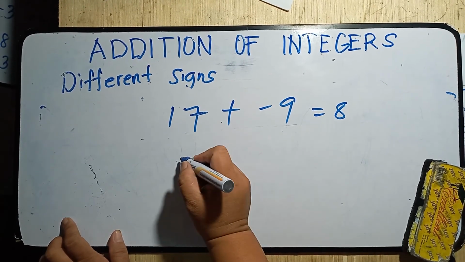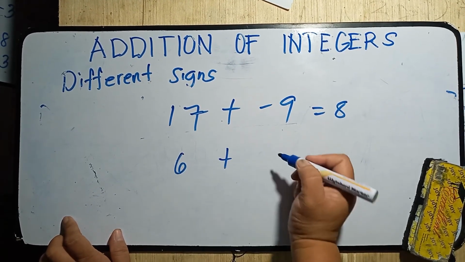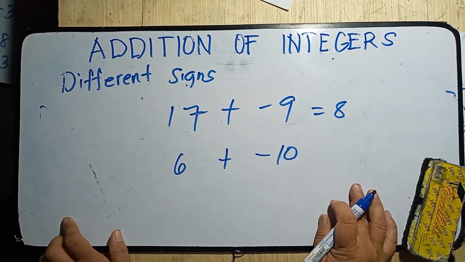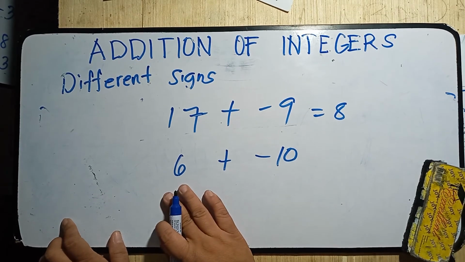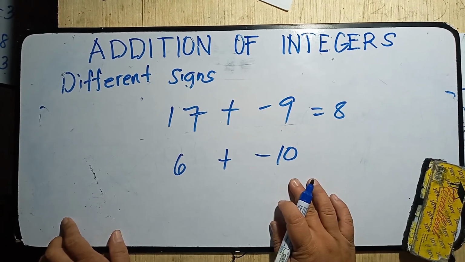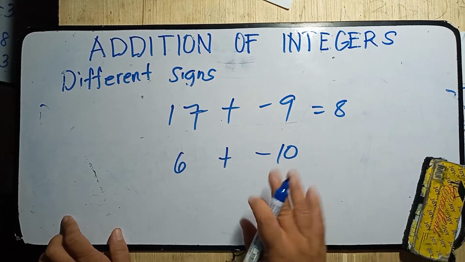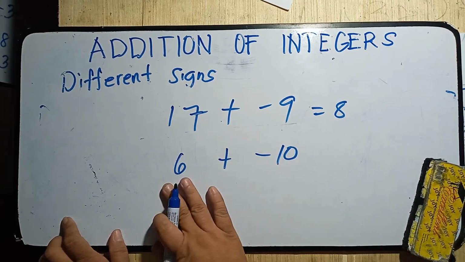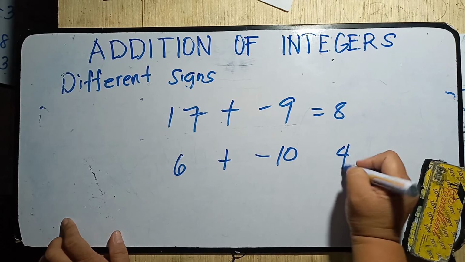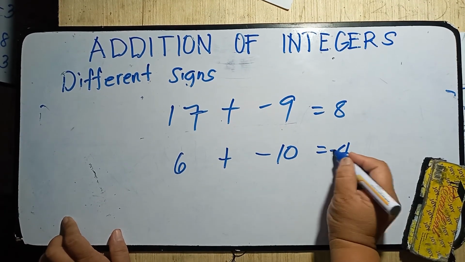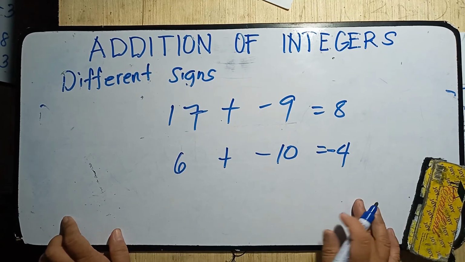Halimbawa, 6 plus negative 10. Okay? So, ano ba yung mas malaki ang absolute value? Negative 10. Absolute value ng negative 10 ay 10. Bawasan natin ng 6. De, 4. Tapos, ano ba ang sign ni 10? Negative. O de, negative 4. So, ganun lang.